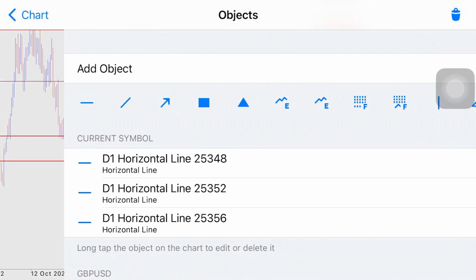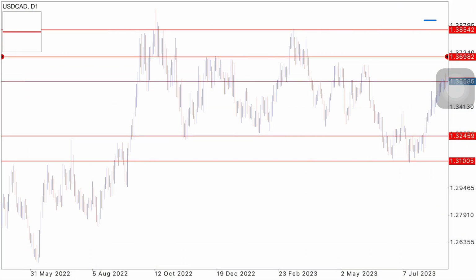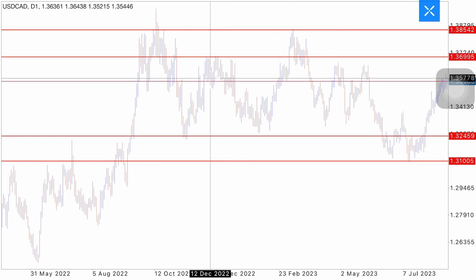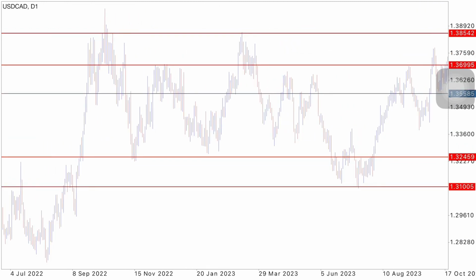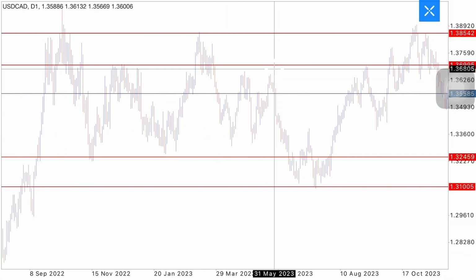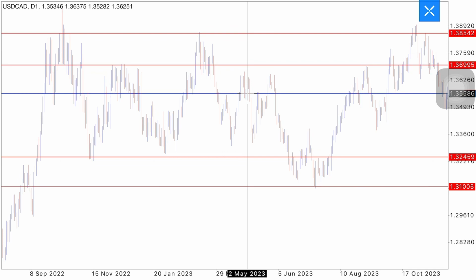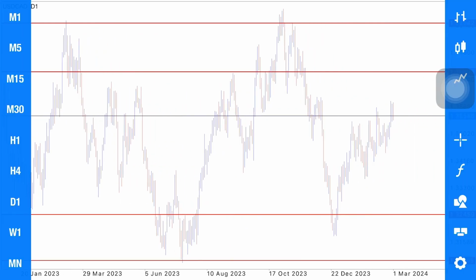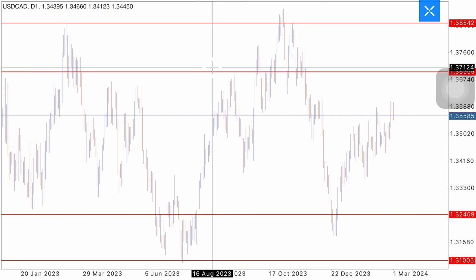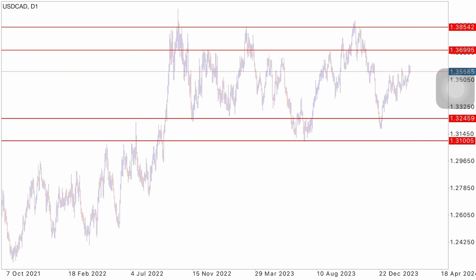I can also see that this level here, X, is our highest point. Yes.